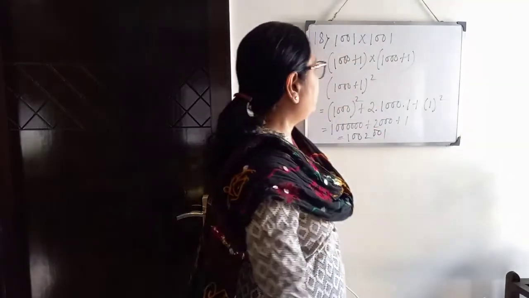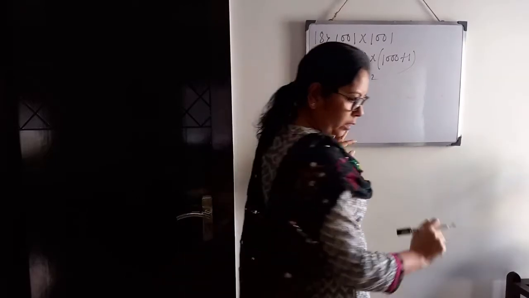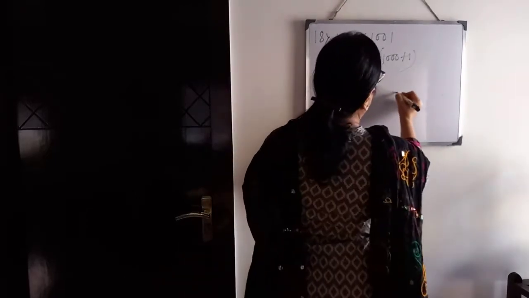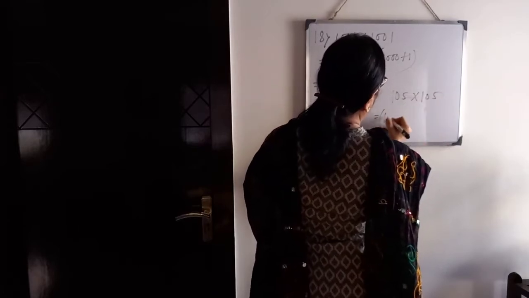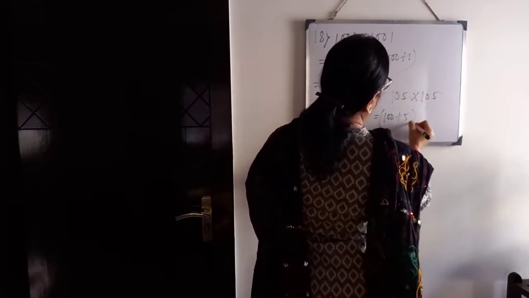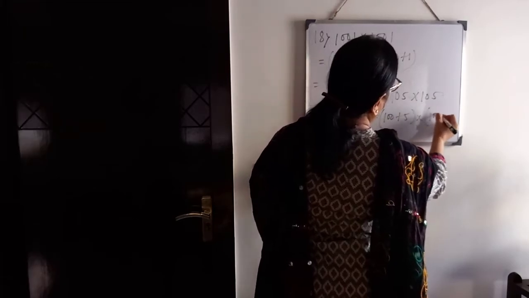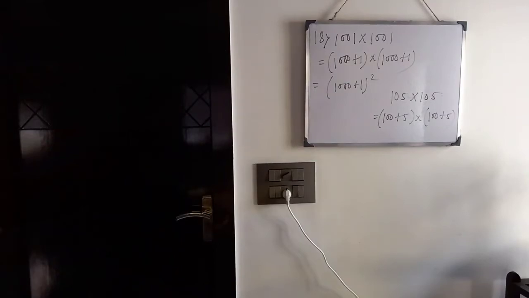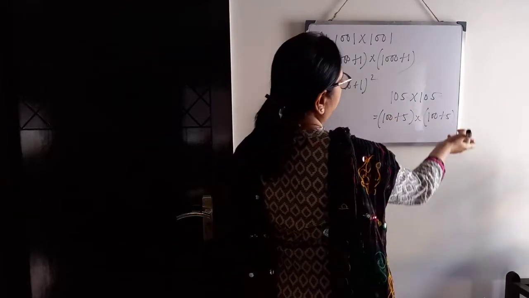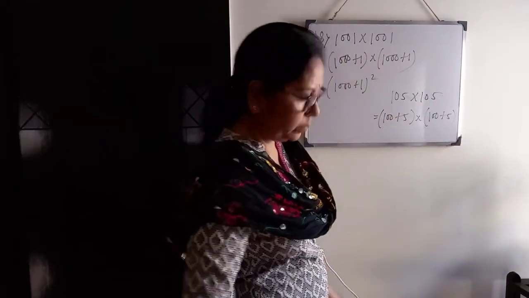So it will be a little bit bigger one. Okay, now see 105, how we can write 105. You will do it yourself. 100 plus 5 into 100 plus 5. Then it is in the form 100 plus 5 whole square. Clear?